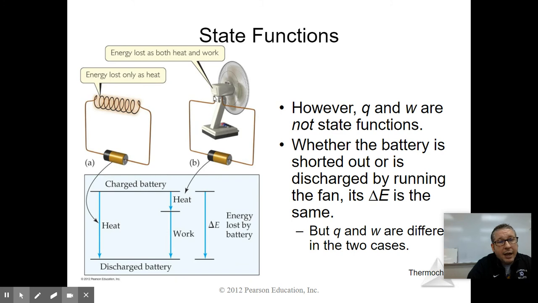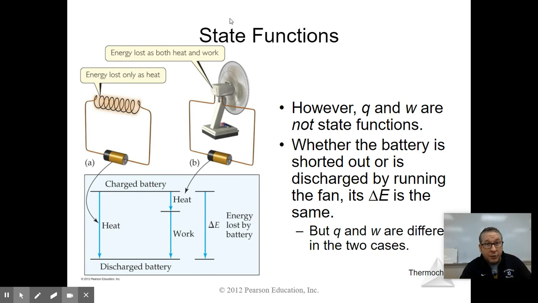In part B, we have it connected to a fan. As this fan is connected to the battery, the energy of this battery is going to be lost both as heat and work. As the energy flows through here, machinery moves, causing heat, but it's also moving. So therefore, we can define it as being work.